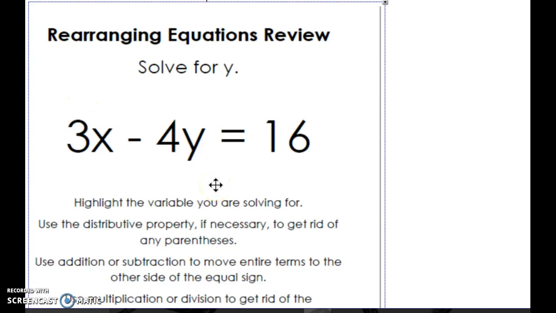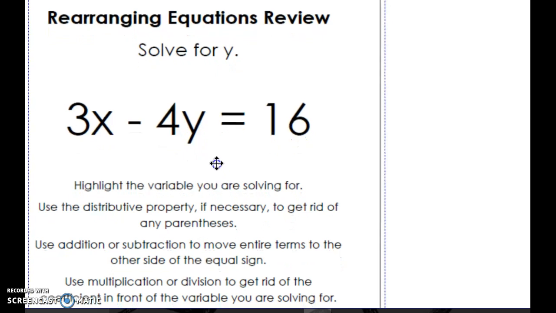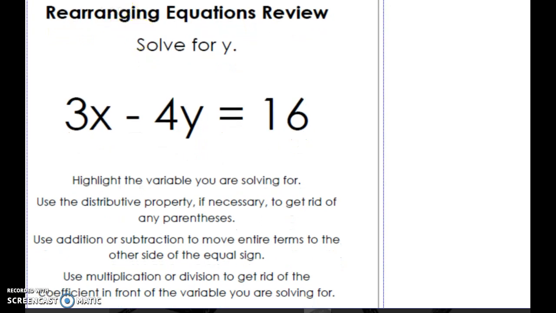So in your notes it says, highlight the variable you're solving for, which in this case would be y. You have highlighters near you, so you can actually highlight that.